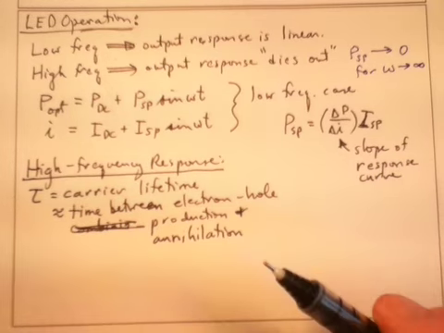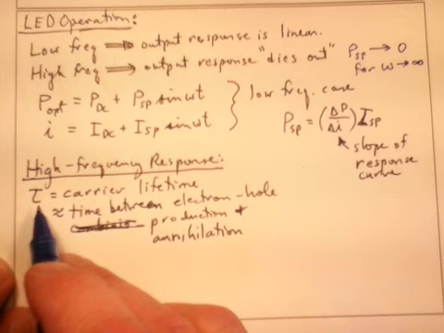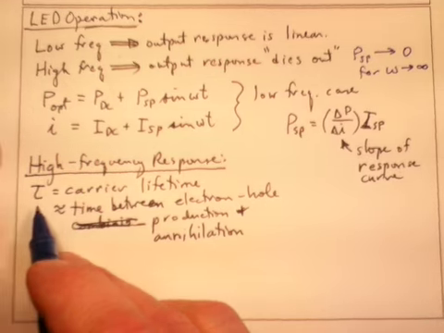Okay, so it turns out that our equation is a very commonly seen one from the world of physics, where we've got some sort of characteristic time giving us a frequency response.